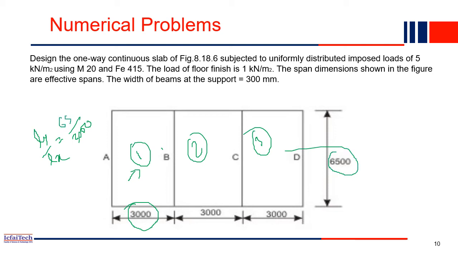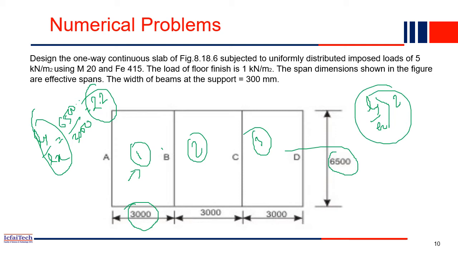So how much is it? It is something like 2 point 2 or 2.25, right? So it is more than 2, that's why it is a one-way slab. One-way slab means if you compute Ly by Lx and it is more than 2, then it is a one-way slab. That is our definition.